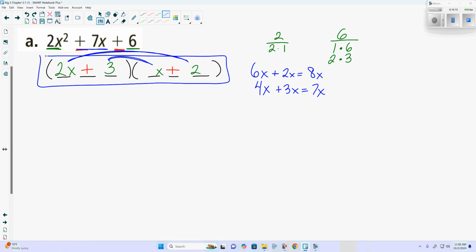What's the sign of the third term? What is our third term? First, second, third. So what's our third term? What's its sign? What's the sign in front of our third term?